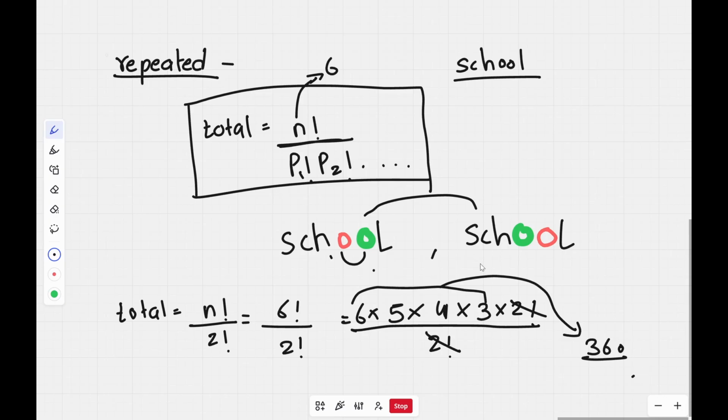Now actually calculating the number of ways is very hard here, because we cannot just keep counting till 360. I have taken the example of cat, which was easy because it had only 3 letters, so it had only 6 arrangements, which was easy to calculate, but 360 is very hard.